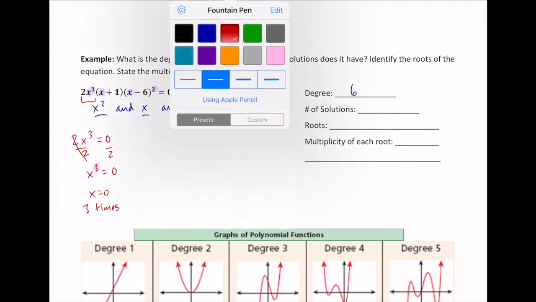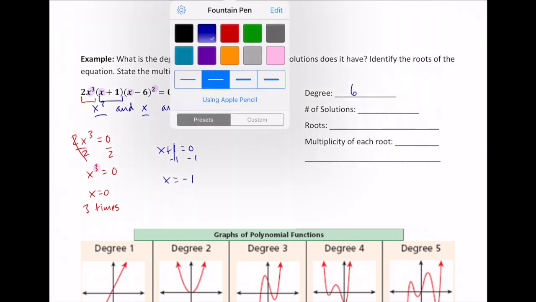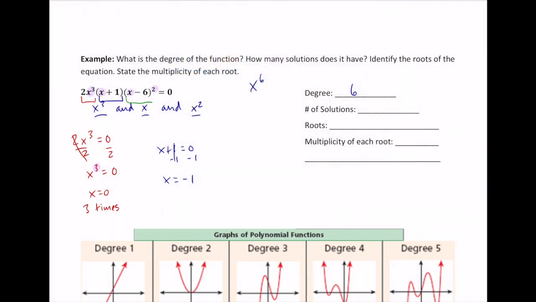Alright, let's take a look at this. x plus 1 equals 0. We can subtract 1 from both sides, so we get x equals negative 1. We only got that answer one time. And then next up, we have x minus 6 equals 0.